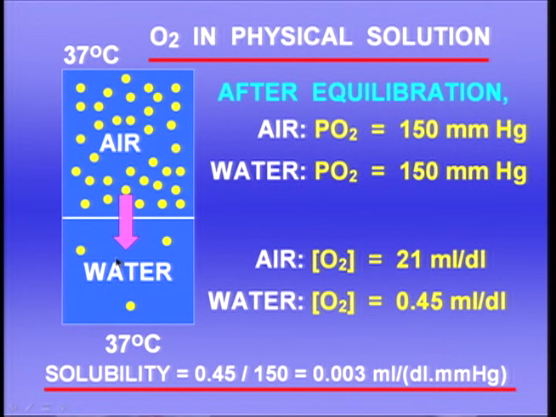By equilibration, we mean we wait until the number of oxygen molecules entering the water is the same as the number escaping. So we've got equilibrium. And the question is, what is the partial pressure of the oxygen in the water? The answer is that it's the partial pressure of the gas in equilibrium with the water.